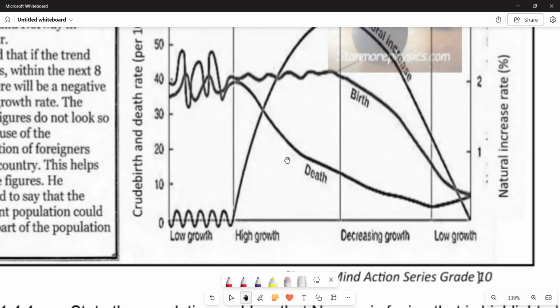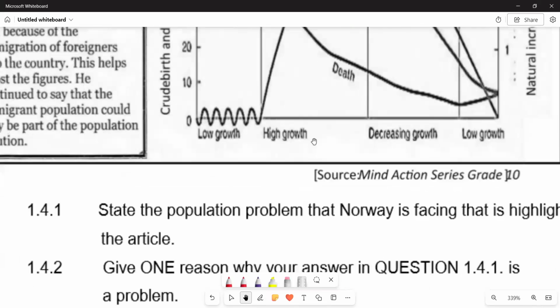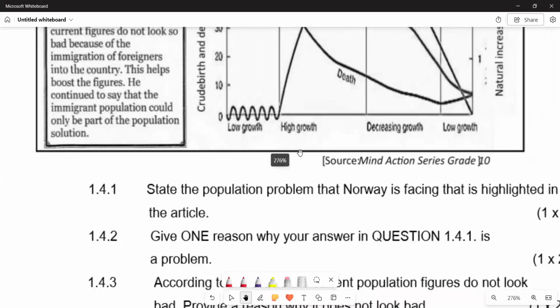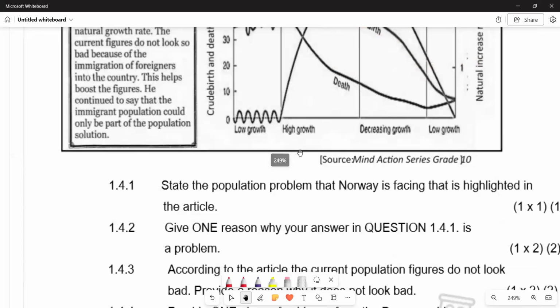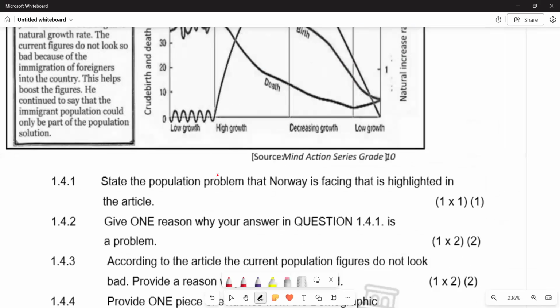Then we have questions that are going to follow. Maybe we can try to zoom in so that we can see the question. So this is what we have. Question 1.4.1 reads, state the population problem that Norway is facing that is highlighted in the article.